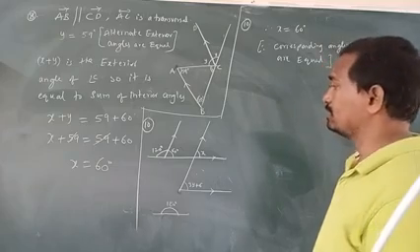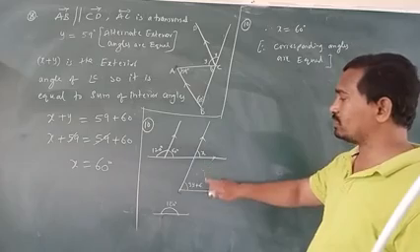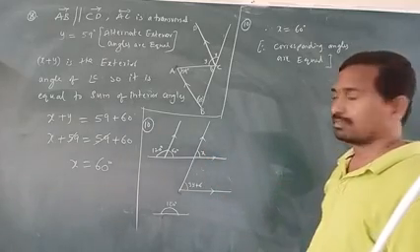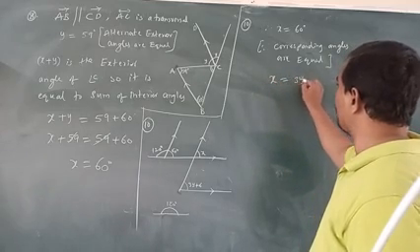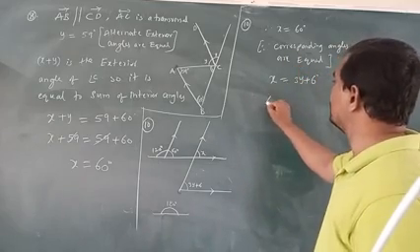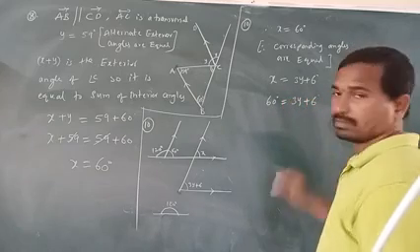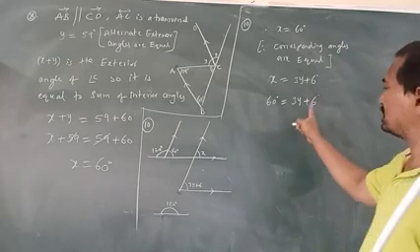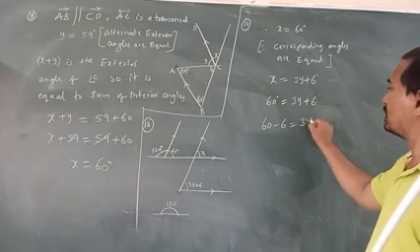Next, these two are parallel lines, so these two are corresponding angles. So x equals 3y plus 6 degrees. Now what is x? 60 degrees equals 3y plus 6. Transpose this 6 to the left side: 60 minus 6 equals 3y.